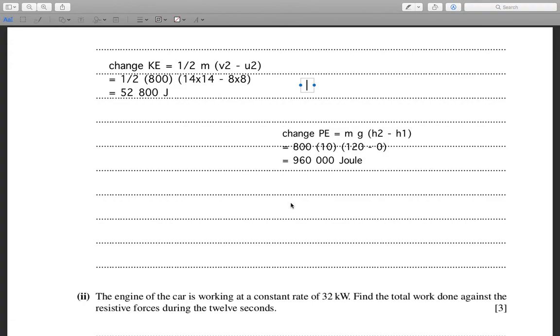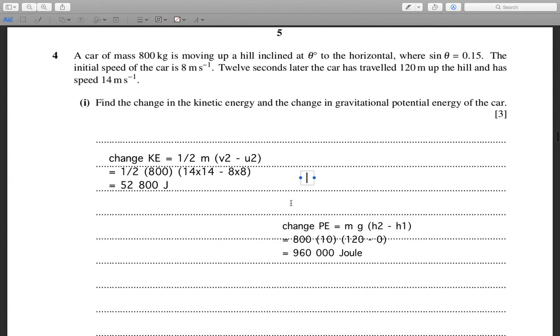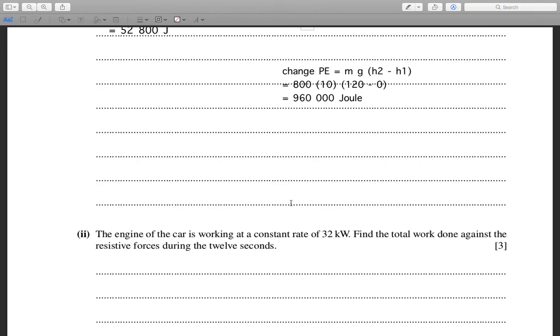So if we calculate the potential energy change minus the kinetic energy change, that is the work done by the engine, also the work done against the resistive force. Find the total work done.